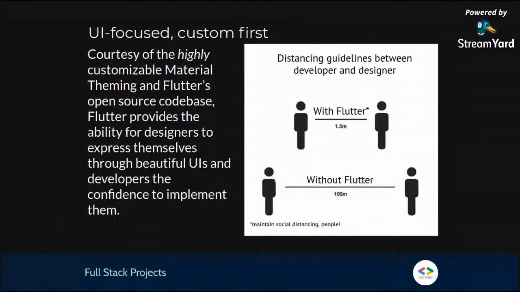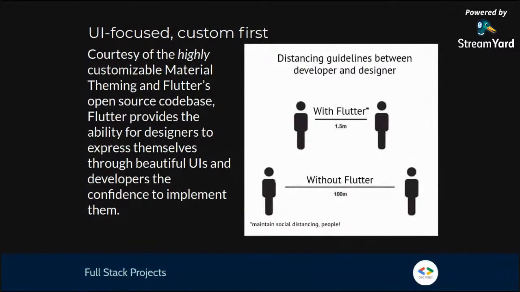UI focused and custom first. This is courtesy of the highly customizable material theming, which you can say is an expanded version of material design that the material design team introduced back in 2018, where you can still implement your custom themes, but at the same time comply with the material design guidelines.